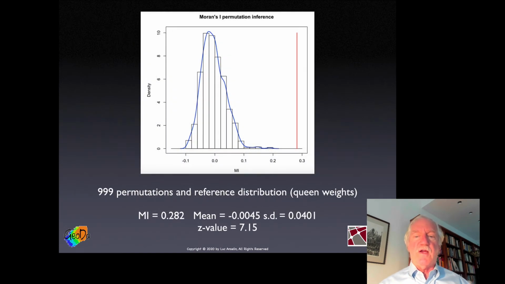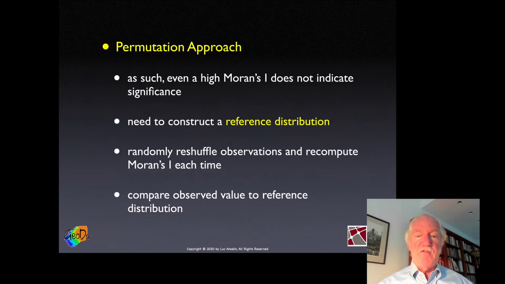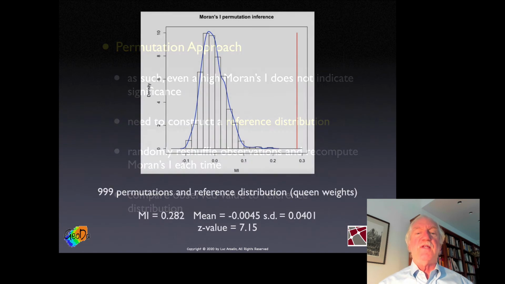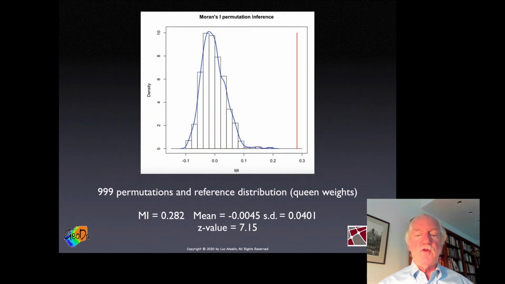And this is what it looks like. So here are 999 randomly reshuffled data sets, for each of which we computed Moran's I. And on average, the Moran's I is minus 0.0045. Remember, here analytically, it's 49. So because we're simulating, it's not exactly the same, but it's close enough.